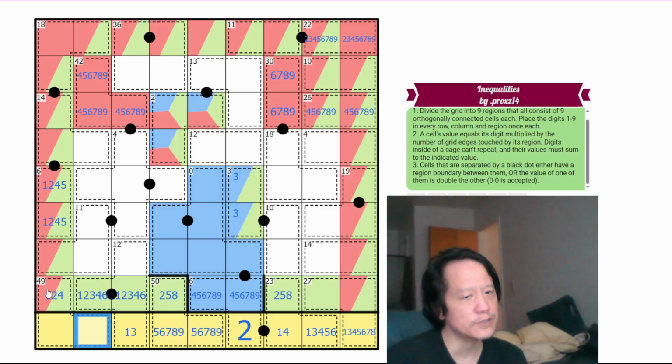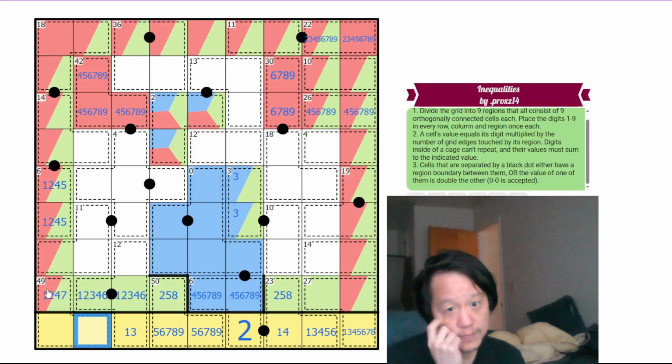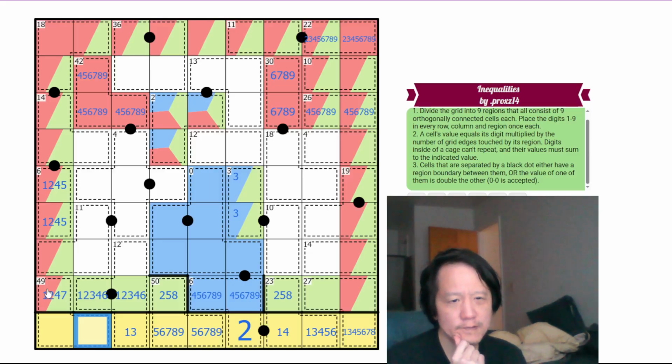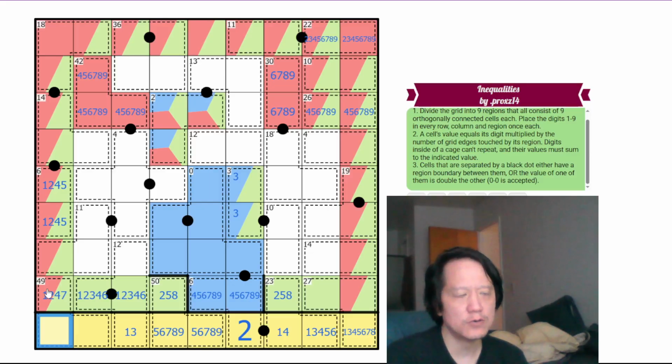Or this is 48, no, 42 and 7. Okay. Interesting. So this is also 14 or higher.